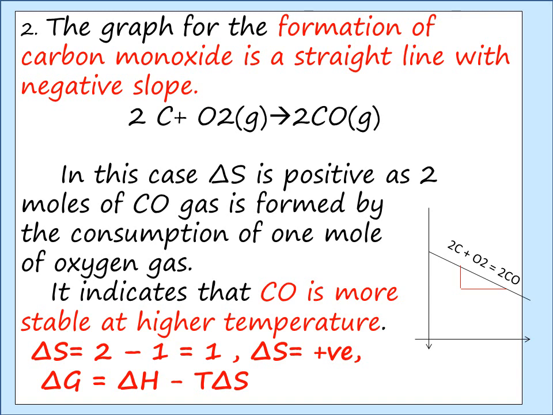If the number of moles of gaseous product is more, obviously the randomness increases or delta S will become positive. If you multiply this positive value with minus T delta S, delta S is positive and minus T delta S will become negative only. Delta H minus T delta S. So the slope value is actually negative.